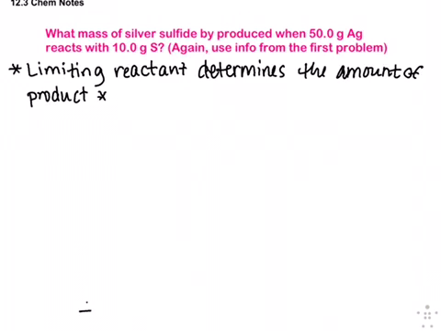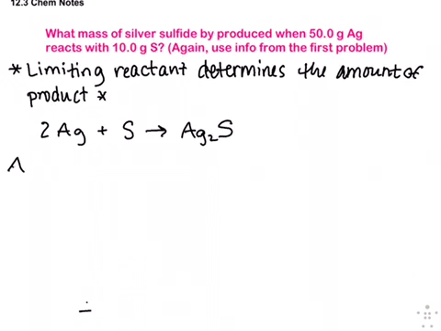So that means all your math must be dealing with the numbers based on the limiting reactant. So in this particular example, again, we're using the 2 silver plus sulfur and the silver sulfide.